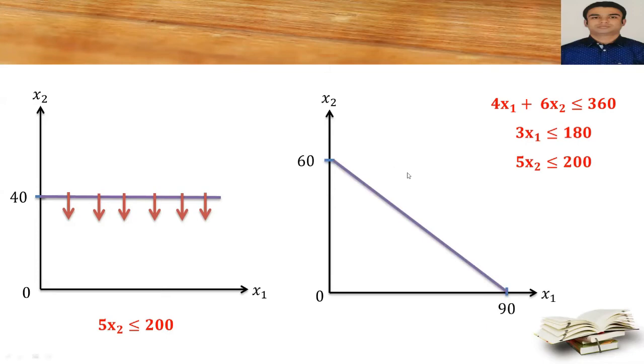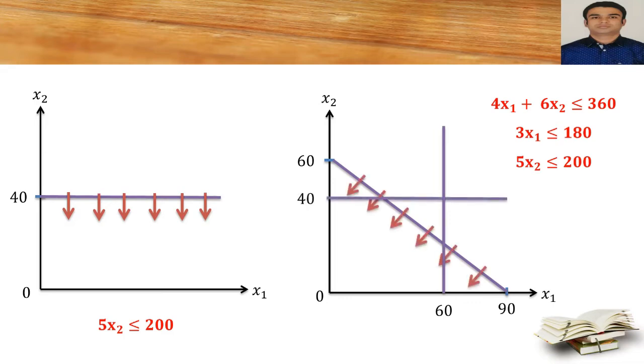This one is the graph for our first equation, 4x1 plus 6x2 is greater than or equal to 360. This one is our second equation, 3x1 is greater than or equal to 180. And this one is our third equation, 5x2 is greater than or equal to 200. And mark out the feasible region.